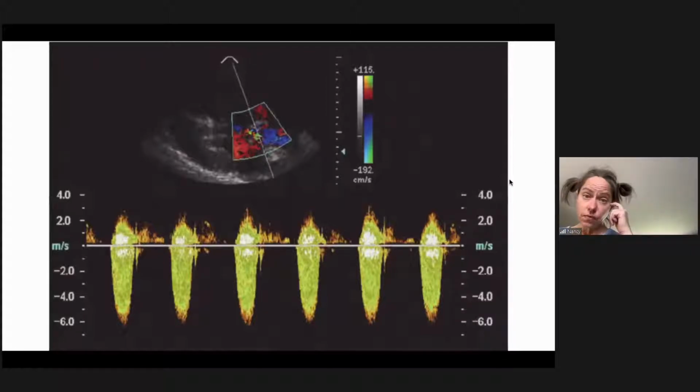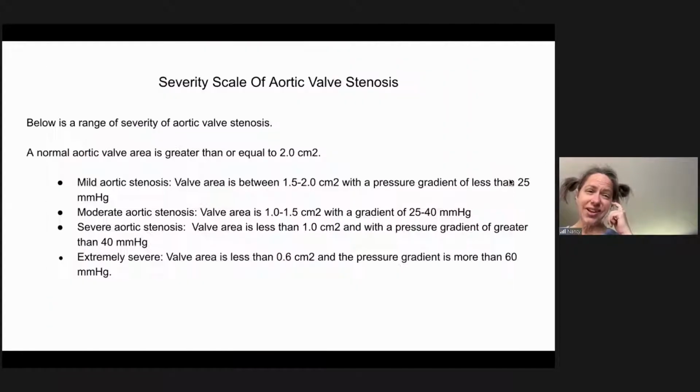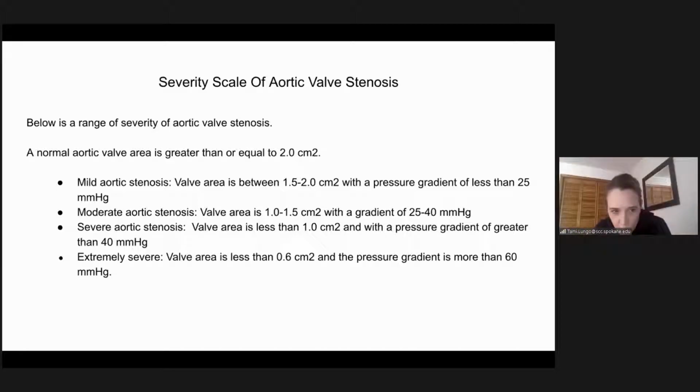Tammy, on that same vein, or artery, Scott's been saying no mild and severes. He's been holding us to those. Do you want us to also know the values for moderate and extreme? So what is Scott saying? We should know and understand and recognize what normal is and what severe is.